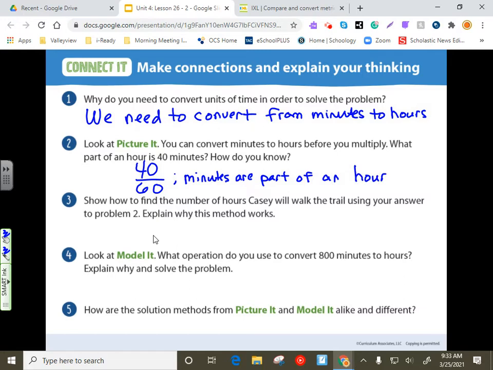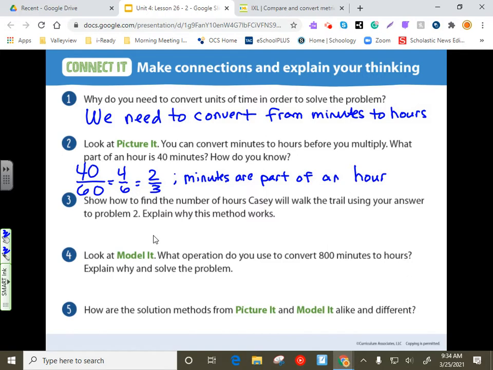Number 3, show how to find the number of hours Casey will walk the trail using your answer to problem 2. Okay, so what I would do here, 40/60 equals 4/6, which equals 2/3.